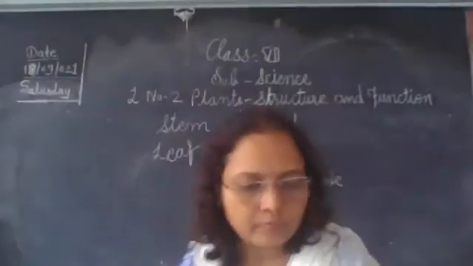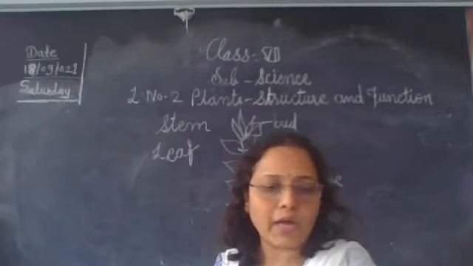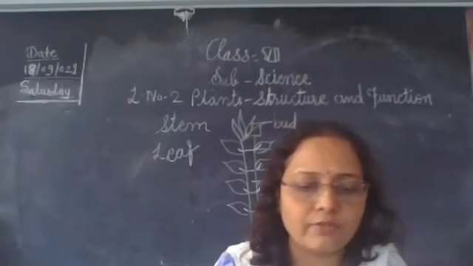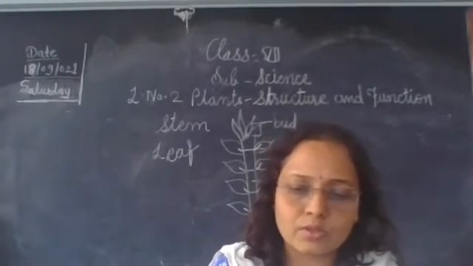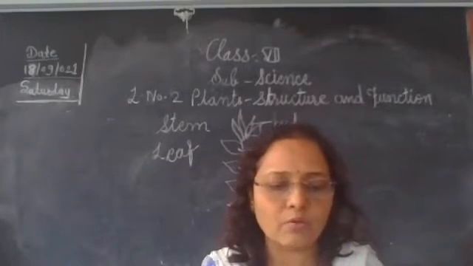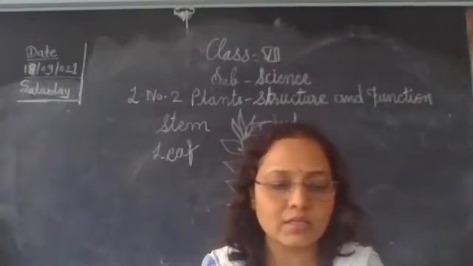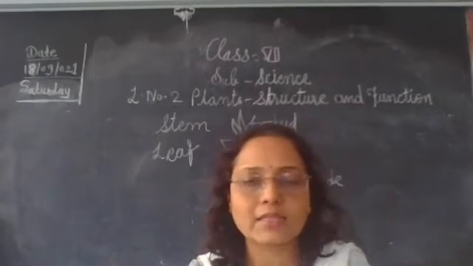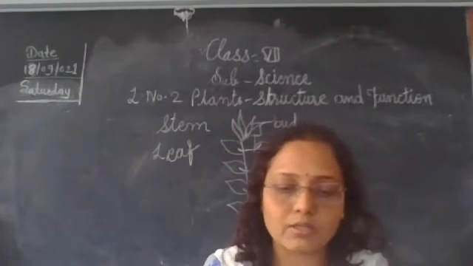The branch of any plant grows, leaves and another stem come out. The stem is the main part or axis of the plant.